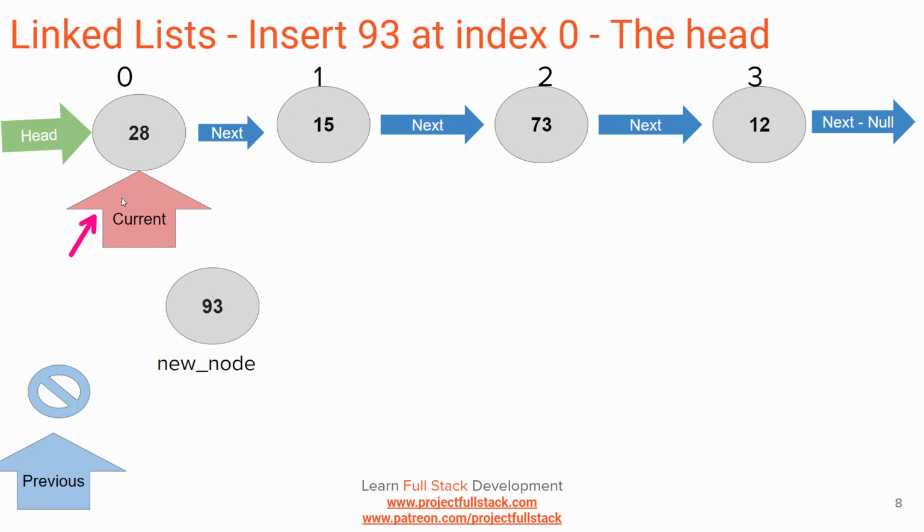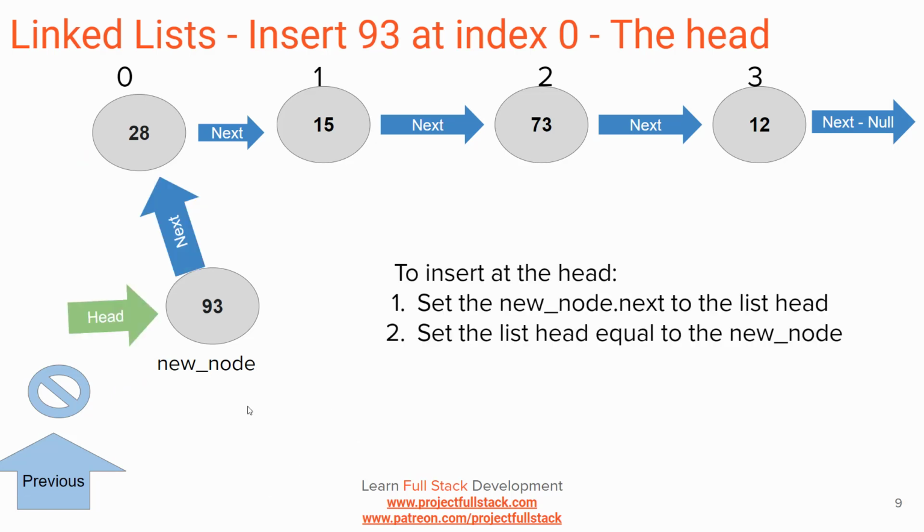So I'm at index 0. Current node's already pointing at index 0. So all I have to do is take the new node and set its next property to be there. And then I set the head of the list to point to the new node. And this is what it looks like here. The head points to the new node, which points to the current node, the head of the list as well.